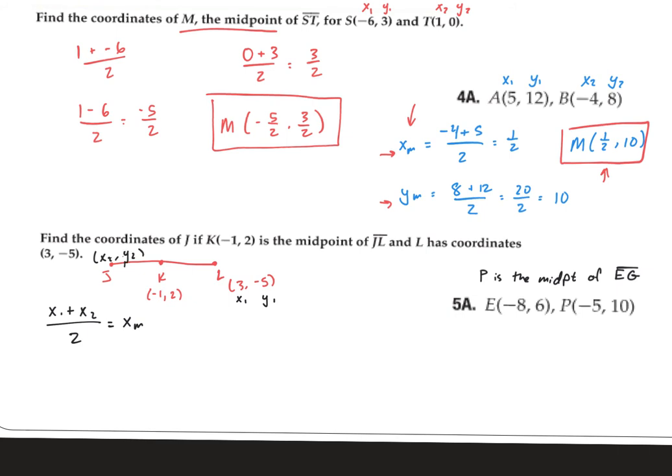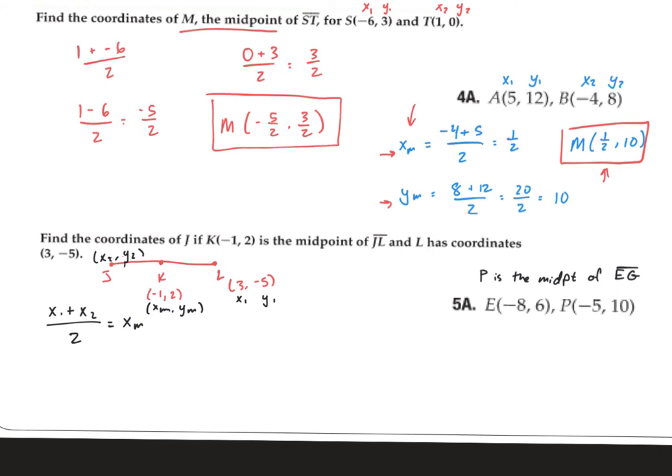And then in the middle, I have my x sub m and my y sub m. Again, those are just notations to indicate this is the x of the midpoint and the y of the midpoint.